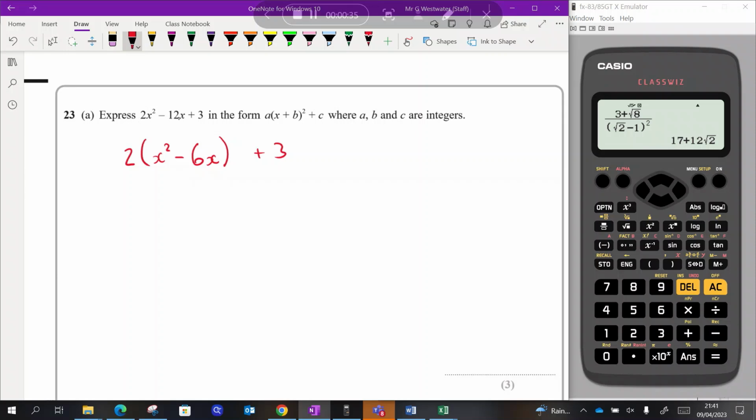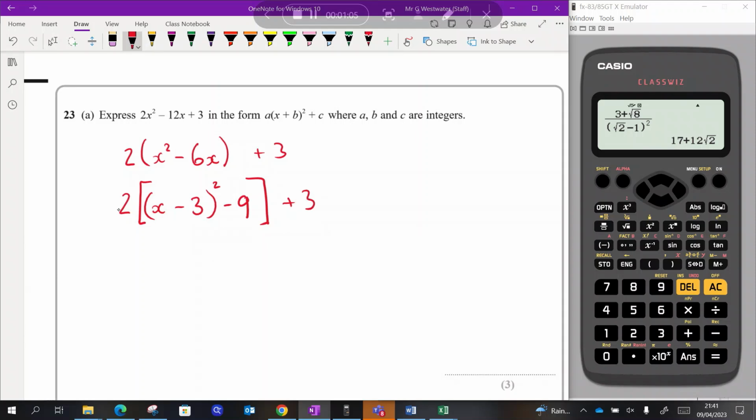The key thing is taking 2 out of these two terms. Now I'm going to block out everything else and just focus on the x squared minus 6x and complete the square, which means I do half of this, so (x minus 3) in brackets squared, and I take away the square of this term, so minus 9. Okay, that is me completing the square. Let's put it in square brackets for good measure, then add in the 2 and the plus 3.